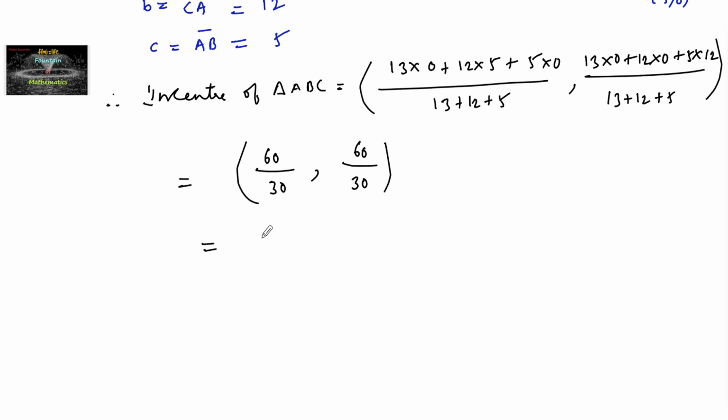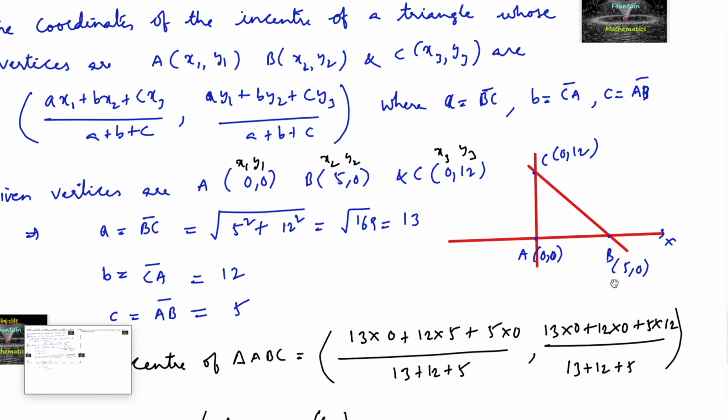So 60 upon 30 is 2 and 60 upon 30 is 2, so we can give the answer 2 comma 2. So the incenter of triangle ABC is 2 comma 2.